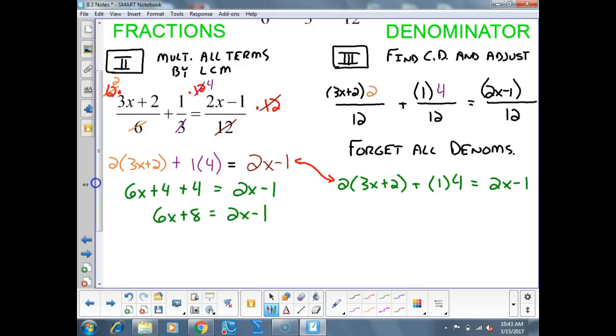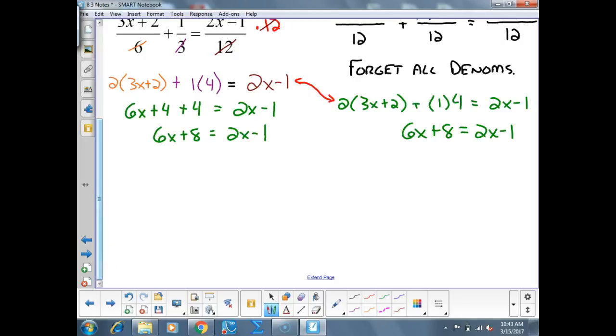Which then means that this would become 6x plus 8 equals 2x minus 1. Okay? Because it would be 6x plus 4 plus 4, 6x plus 8. Okay? So then, let me rewrite it here now. What would you do next?